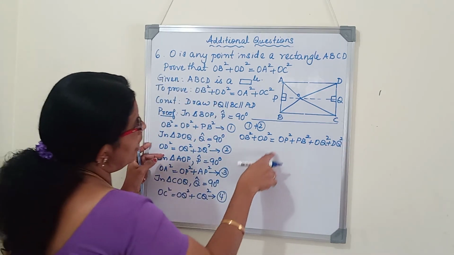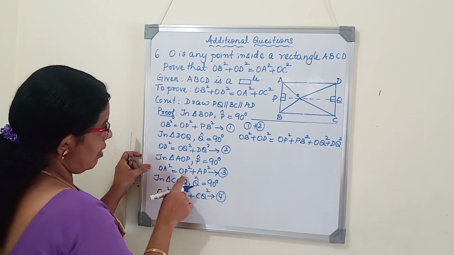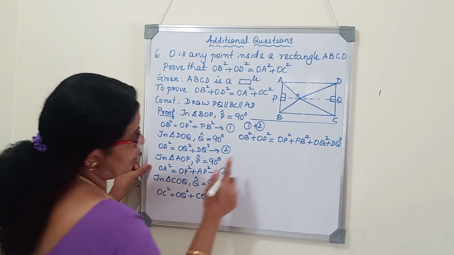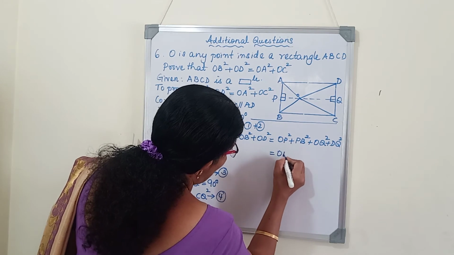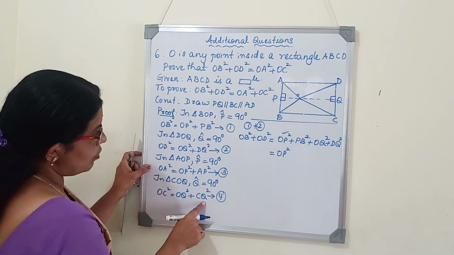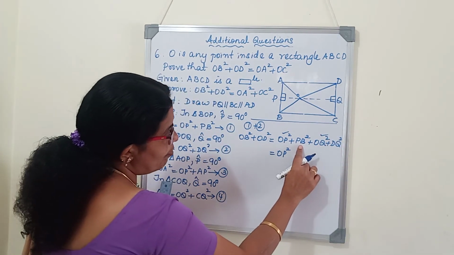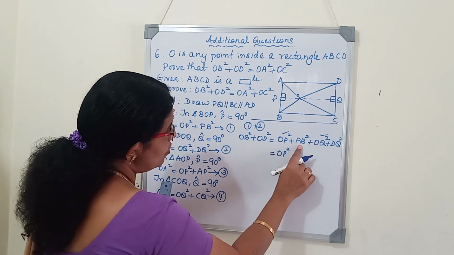Now we want to get OA square plus OC square. To get OA square, we want OP square and AP square. Here OP square is there, we will write as it is. And to get OC square, we need OQ square plus CQ square. Here OQ square is also there. Now PB square and DQ square we want to change.